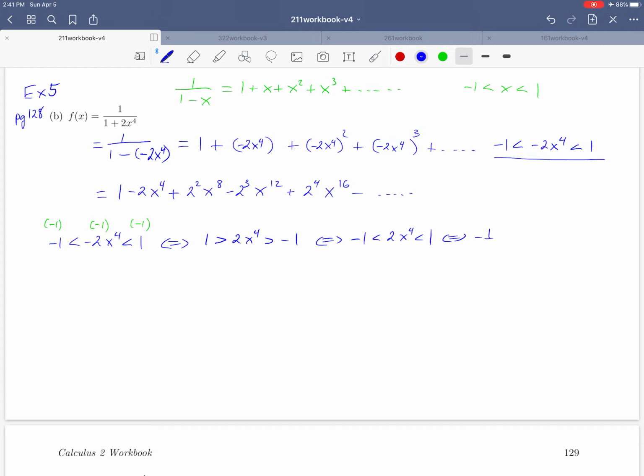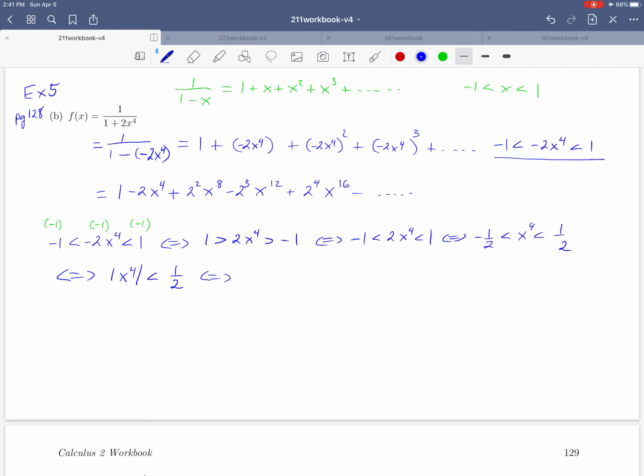That gives me minus 1/2 is less than x to the fourth is less than 1/2. And so what do I have? I have that x to the fourth is between minus 1/2 and 1/2. I can rewrite that as the absolute value of x to the fourth is less than 1/2.